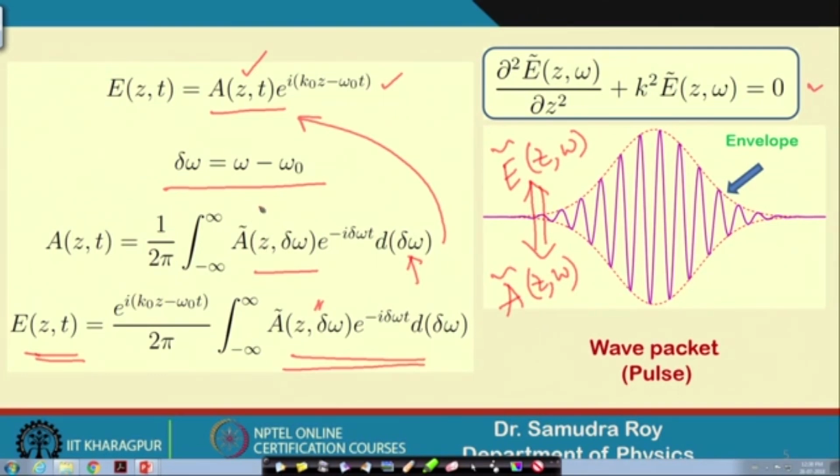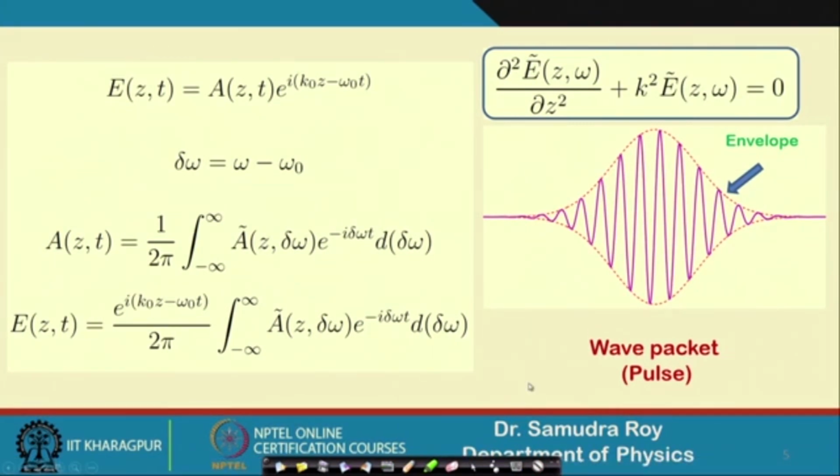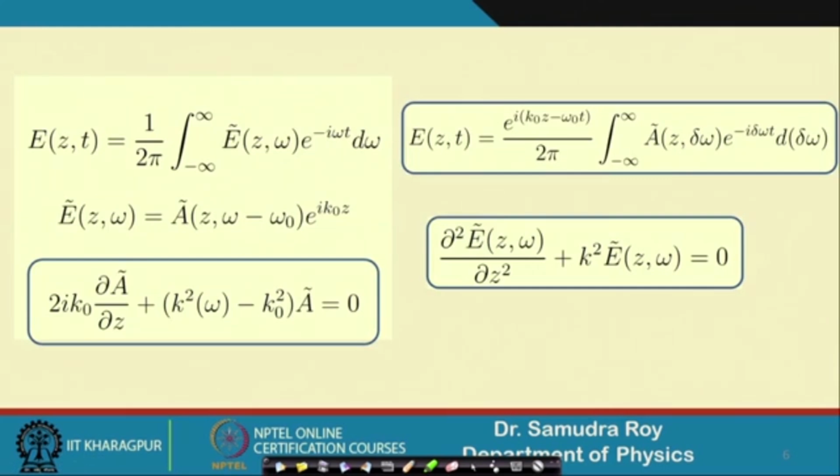The recipe is already shown here. In the next slide we will try to understand what the relationship between E and A should be.